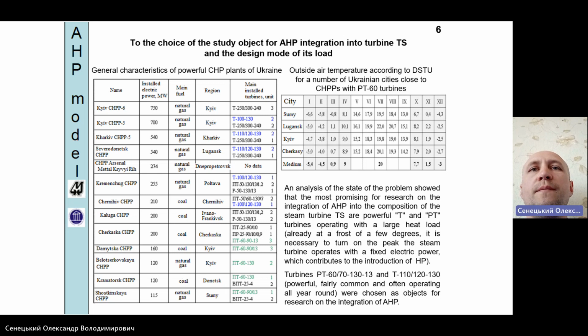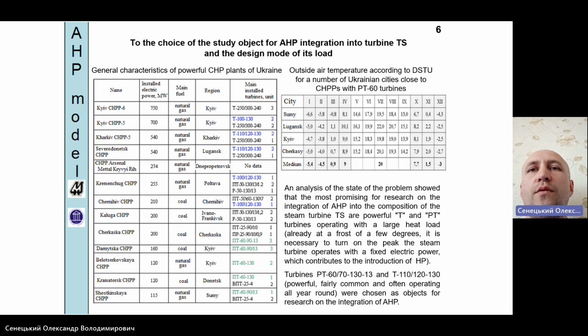The scale and importance of solving the problem of integrating AHP into the thermal schemes of powerful cogeneration plants is evidenced by the general characteristics of the existing cogeneration heat power plants on the territory of Ukraine. The analysis carried out shows that turbines of PT60 type are most widely used.